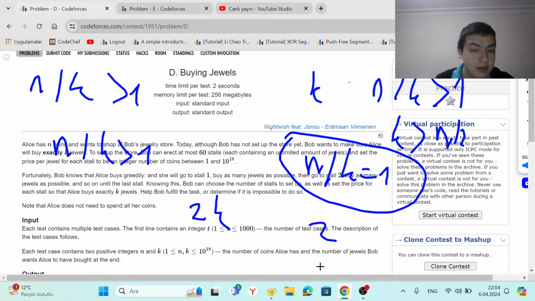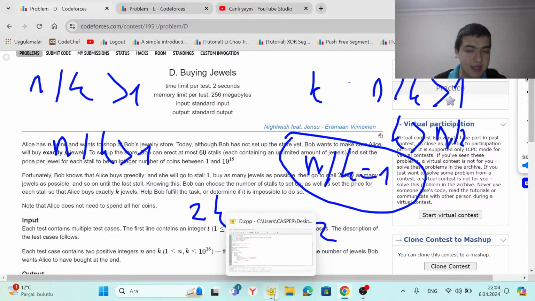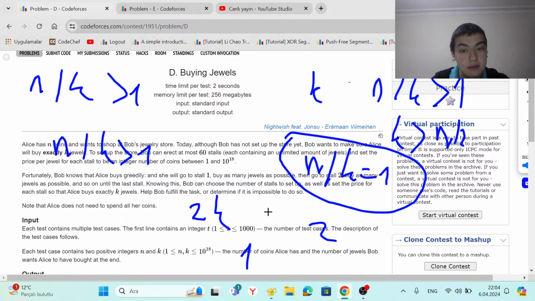So we should use 1 in some place. We should buy some x jewelries, and after that operation our cost should be n minus x, so that we should output 1, and we can buy n minus x jewelries.